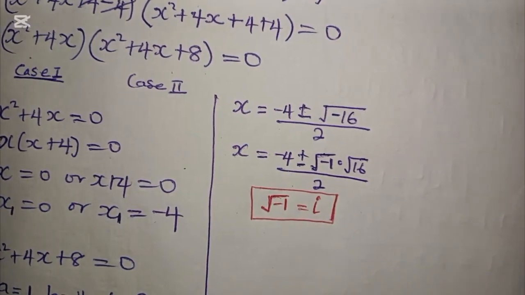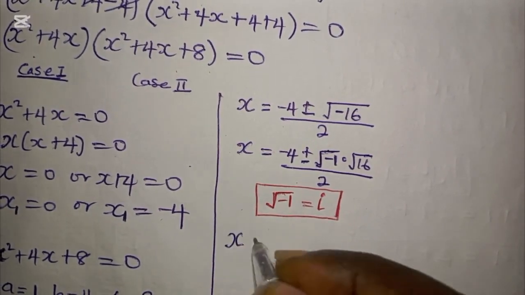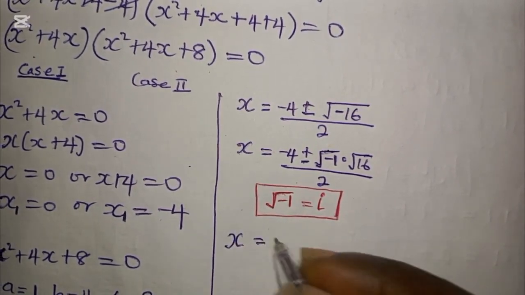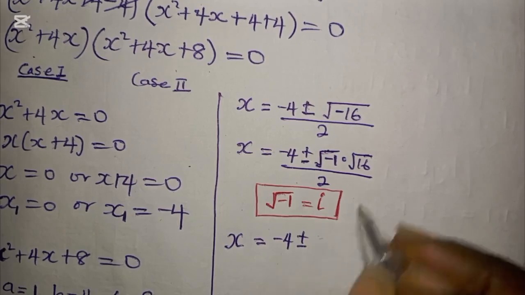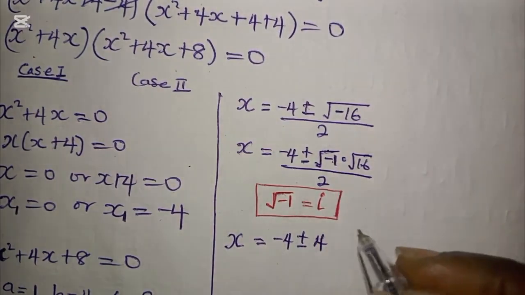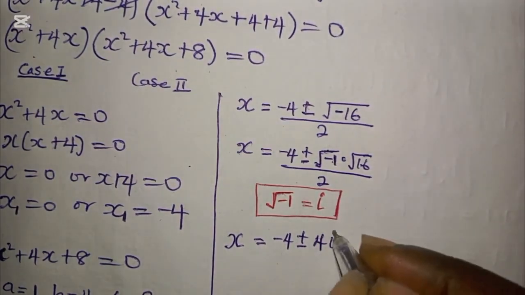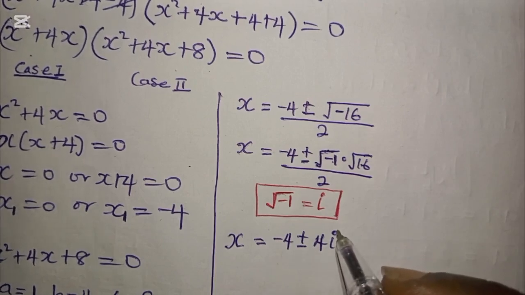So from there, we can now say our x will be equal to minus 4 plus or minus square root of 16, that is 4, and square root of minus 1, that is i, then divided by 2.